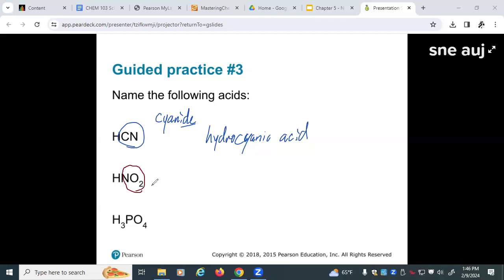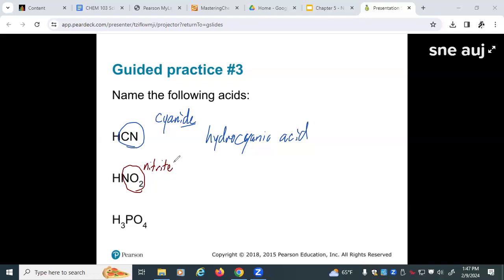For the second one, NO2, I have to recognize NO2 is nitrite. Now, just again, a little trick on this one. Polyatomic ions that have two oxygens are always going to be ites. Polyatomic ions with one oxygen are usually hypoites. There's one exception to that.